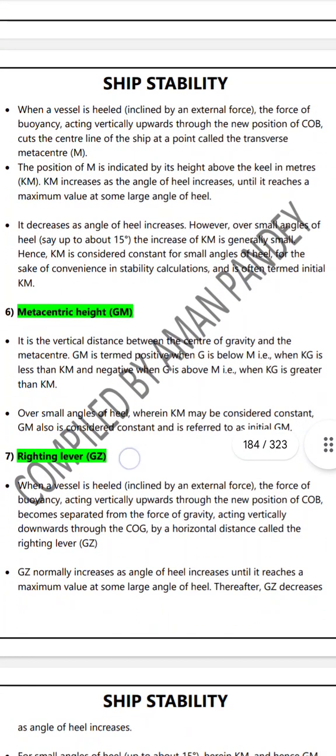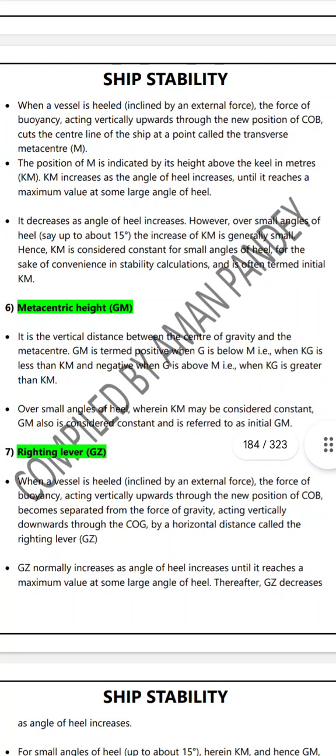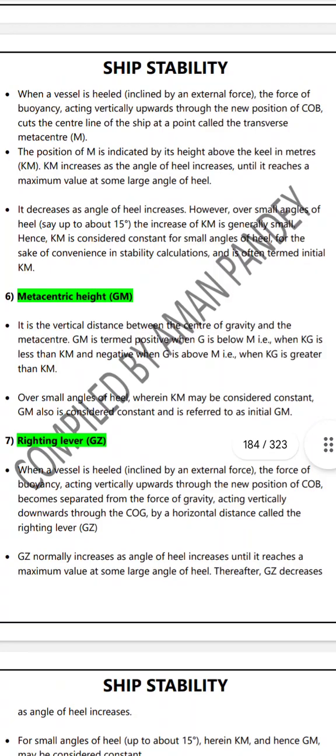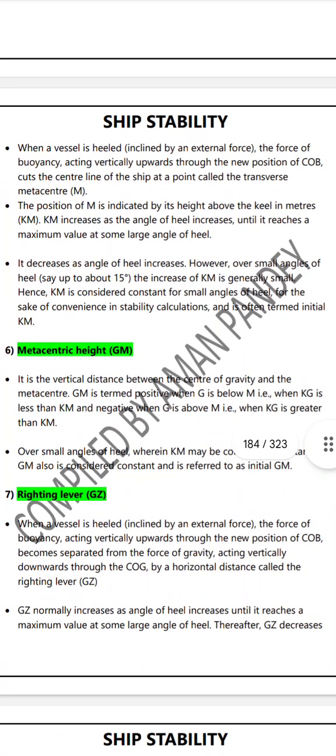And the transverse metacenter. When a vessel is heeled by an external force, the force of buoyancy acts vertically upward through a new position.